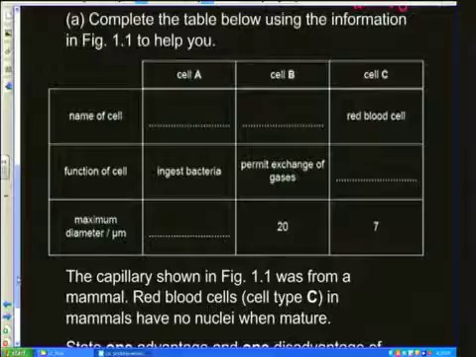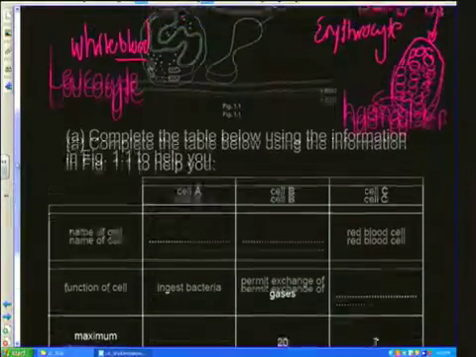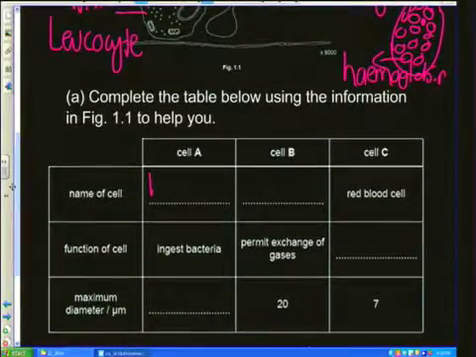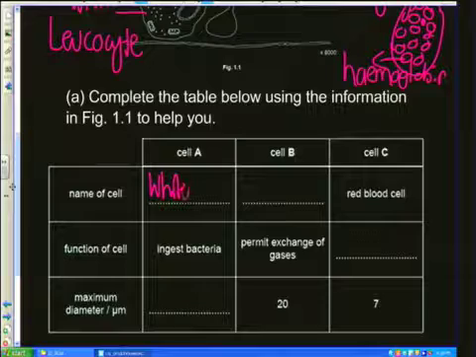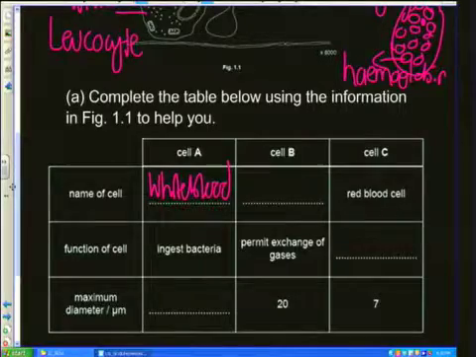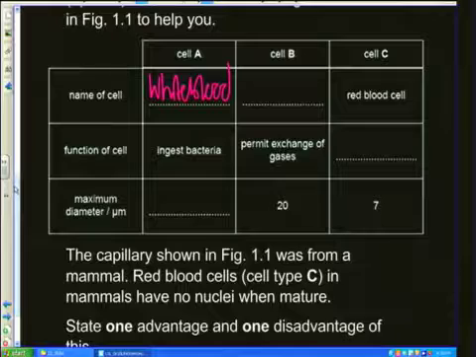So cell number A, what did we say it was? We said cell number A was a white blood cell. So there we go, white blood cell. And now we can finish the rest of my diagram. Its function is to ingest bacteria.